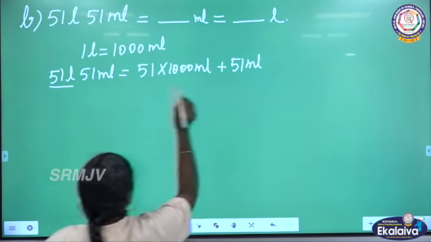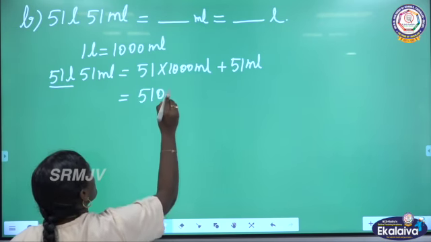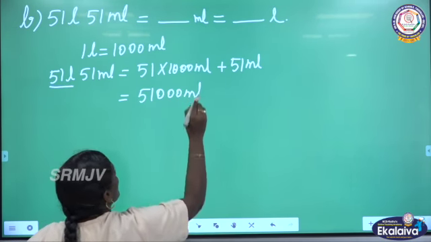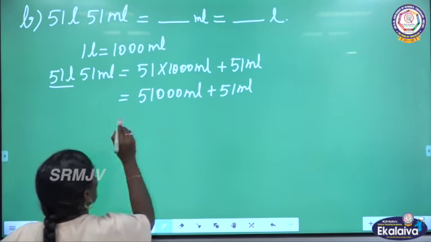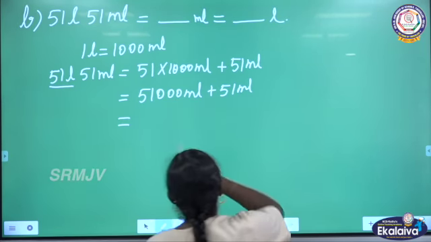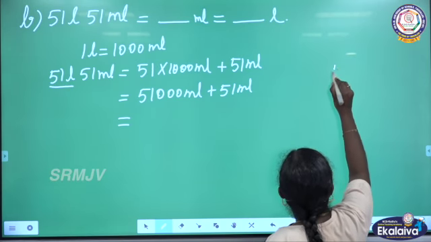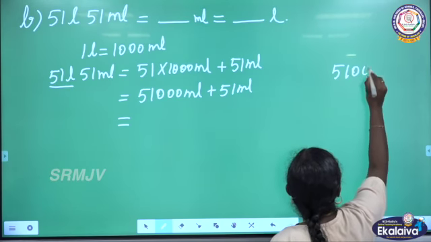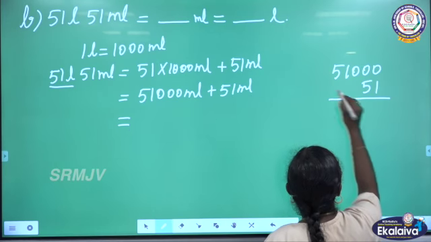So 51 into 1000, 51,000 milliliter plus 51 milliliter. Now we have to add these two. Here 51,000 is a 5-digit number, 51 is a 2-digit number. So first we have to arrange it properly. 51,000 plus 51.